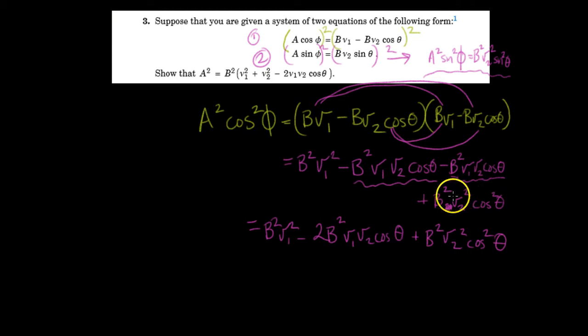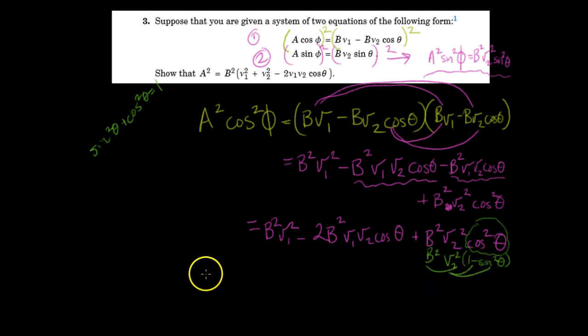So I'm going to change colors. Now, if you see, this is where we're going to start using the Pythagorean identity because it's really important. This cosine squared theta is actually equal to 1 minus sine squared theta. Remember, if you get confused, just write over on the side sine squared theta plus cosine squared theta. It all boils down to this, equals 1. So if I subtract sine squared over to the other side, I know that that's equivalent to cosine squared theta. So this is on the outside, b squared v2 squared, and I'm going to distribute this stuff to each of these.